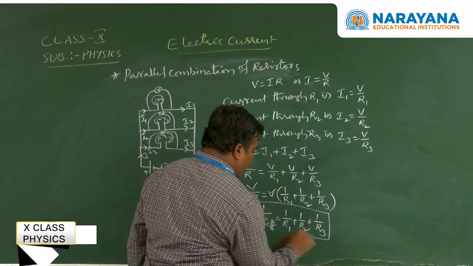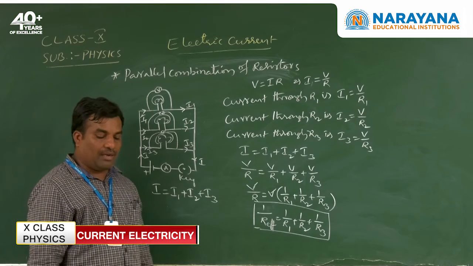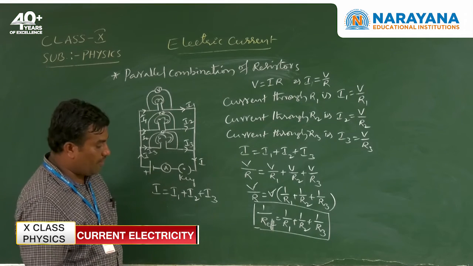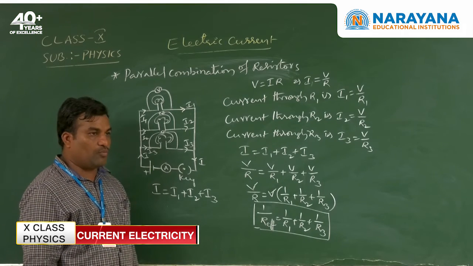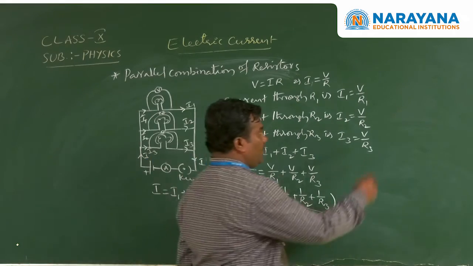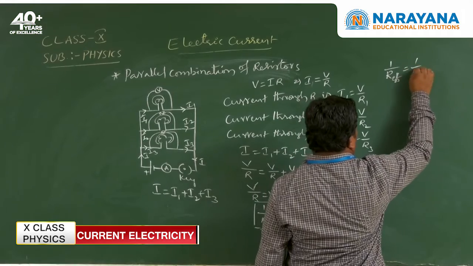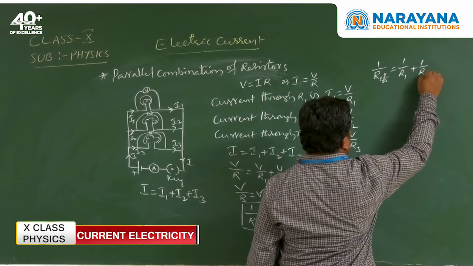This is the effective resistance in the parallel combination: 1 by R effective equals 1 by R1 plus 1 by R2 plus 1 by R3. Suppose we take two resistors. Then 1 by R effective is equal to 1 by R1 plus 1 by R2.